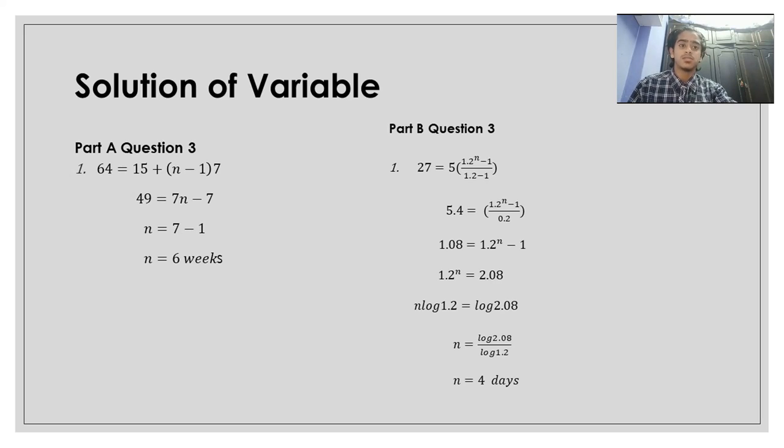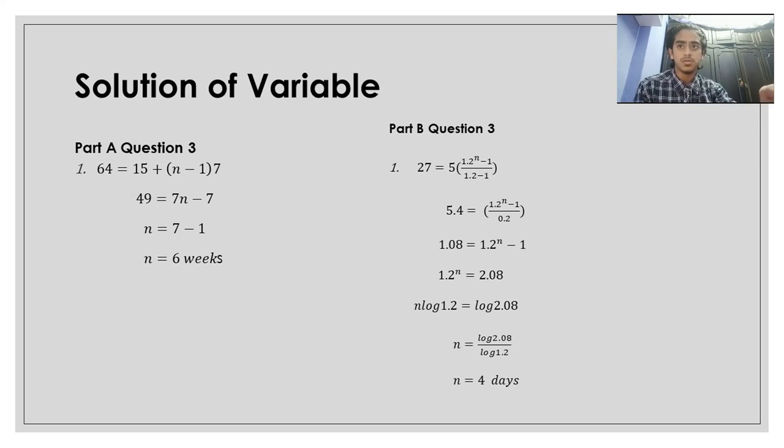So we use geometric. So the formula we use is the sum of the geometric terms, which is sum equals first term in the bracket, common ratio to the power of n minus 1, over common ratio minus 1, close the bracket.